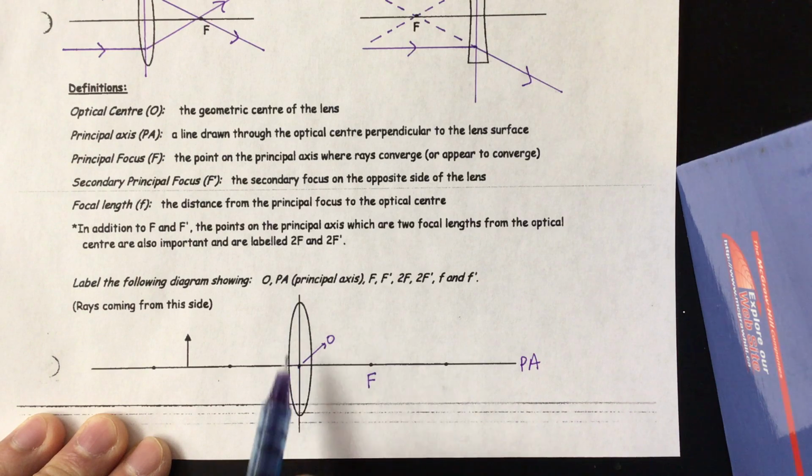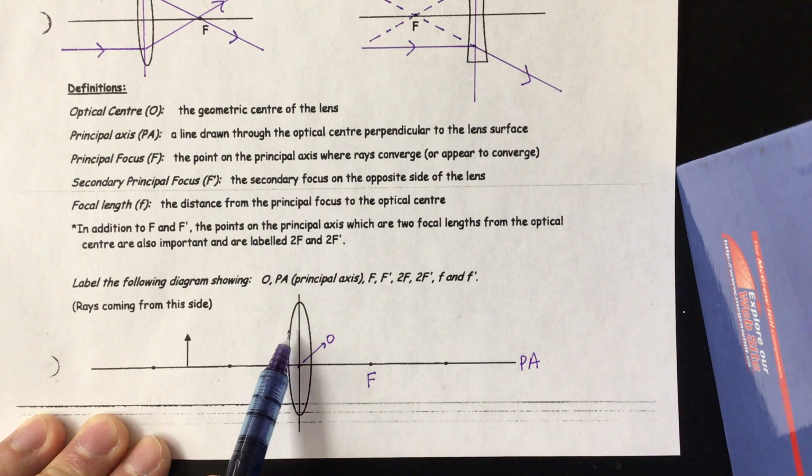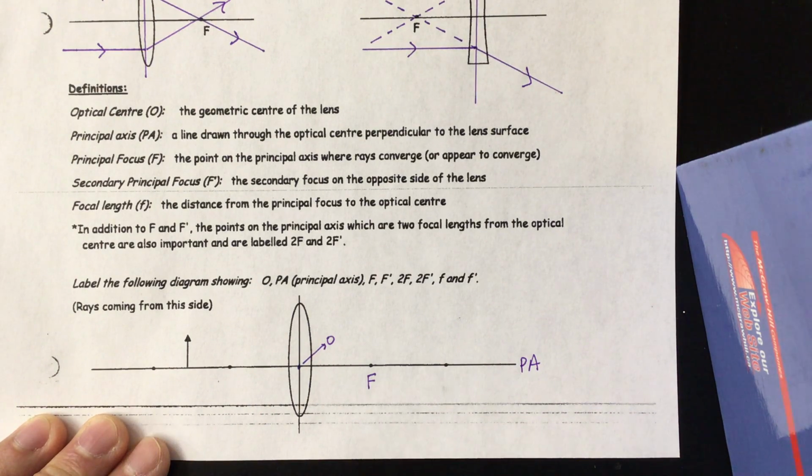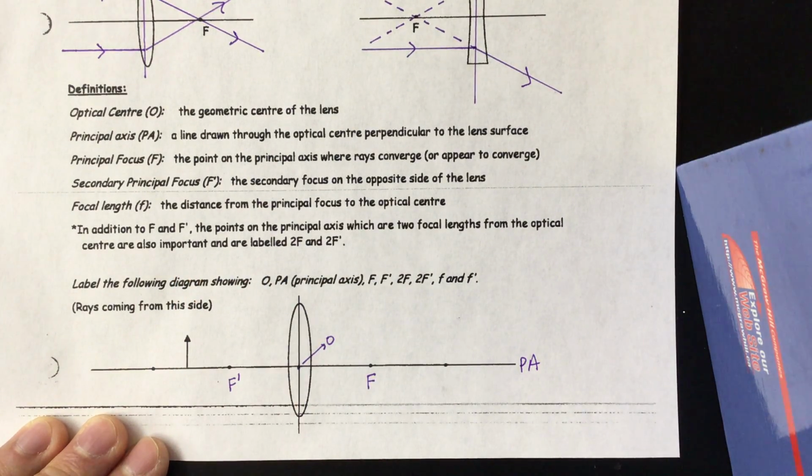And by the way, this is a convex lens, so I know that when I send my parallel ray, it's going to go through F. Now the secondary principal focus is also known as F prime, and it's located on the opposite side of the lens. So you see this dot right here, this would be called my F prime. And what that means is it's the same distance away from my optical center as my actual focus, but it's my virtual focus on the other side.